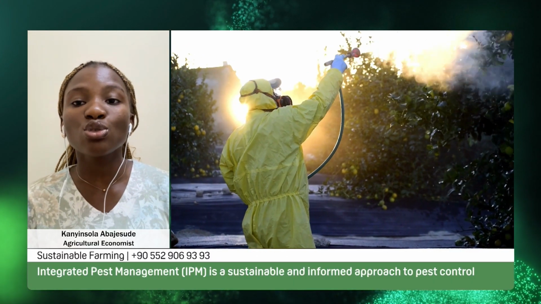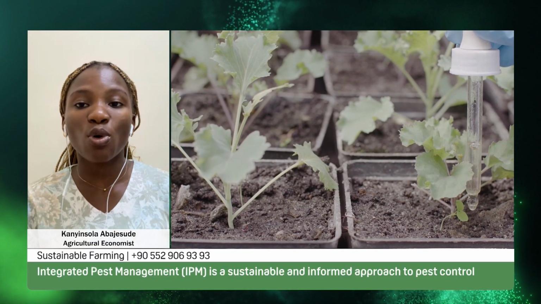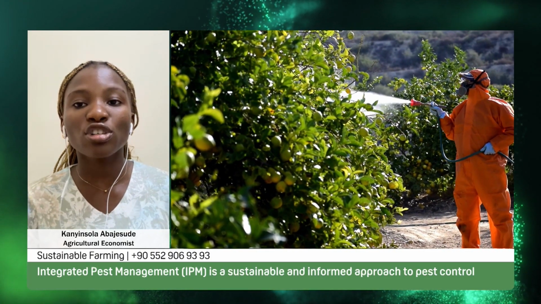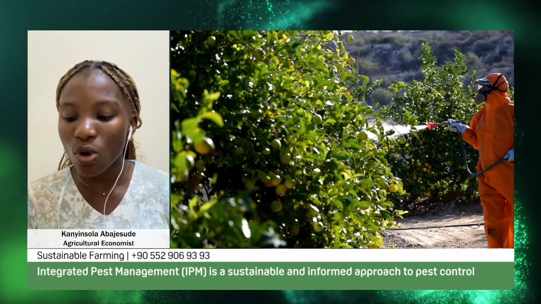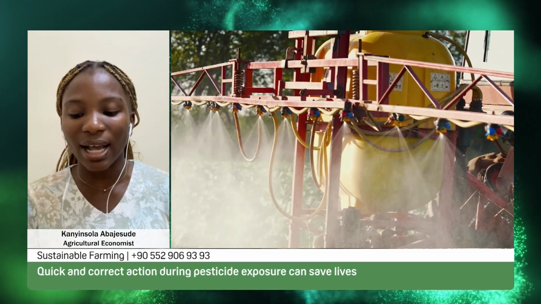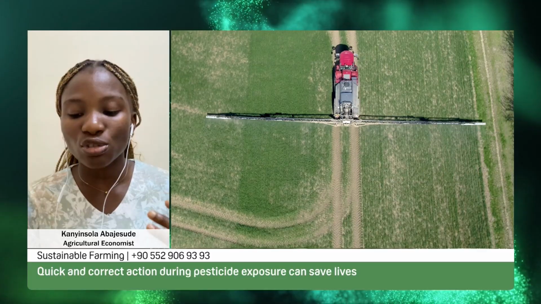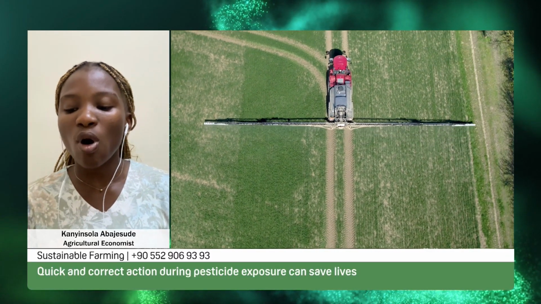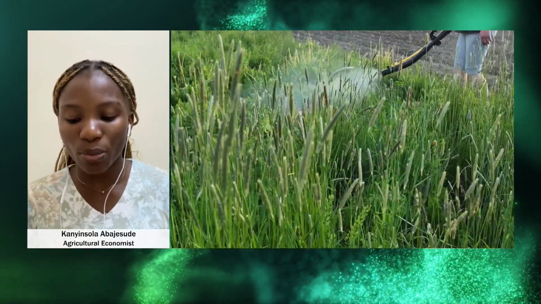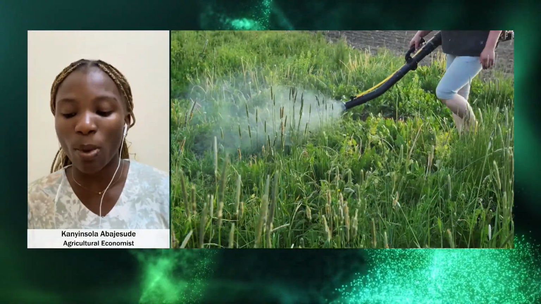Now, what do you do when you expose yourself to chemical or pesticide? What should you do? First of all, because accidents happen, wash the skin with lots of clean water and soap.